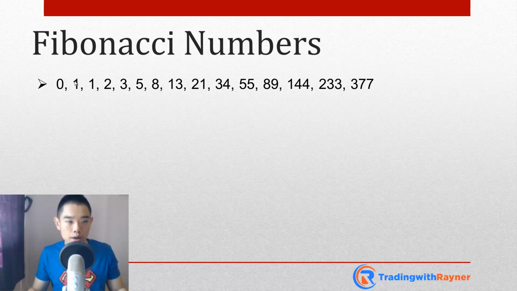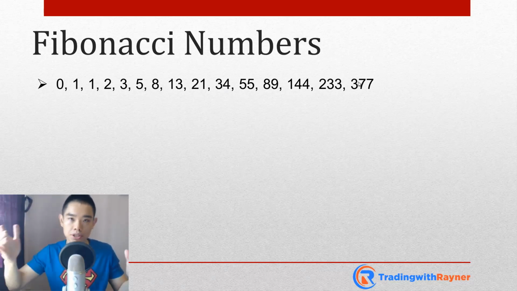So 0 plus 1 equals 1. If you look at this, 13 plus 21 gives you 34. 144 plus 233 gives you 377. So the third number is just the addition of the first two numbers. This is what we call the Fibonacci numbers, the Fibonacci sequence.